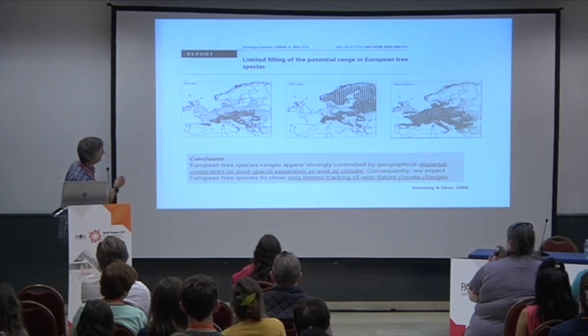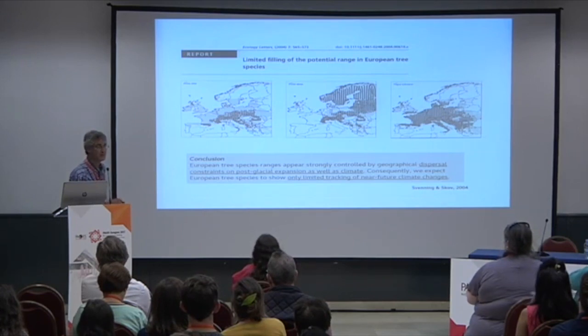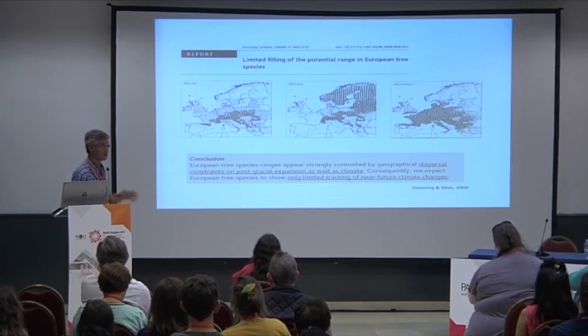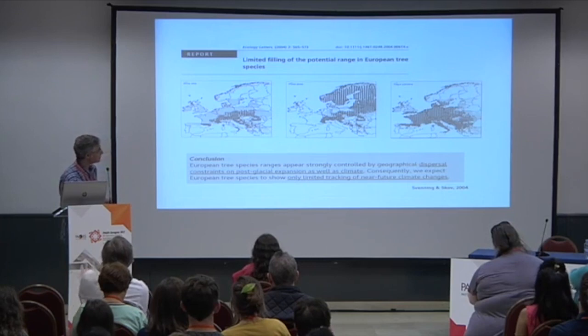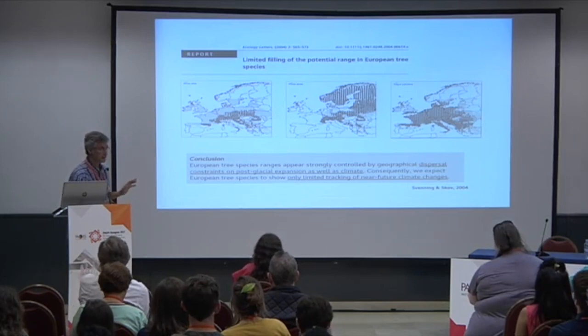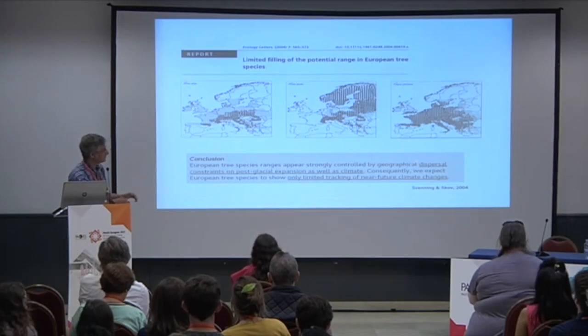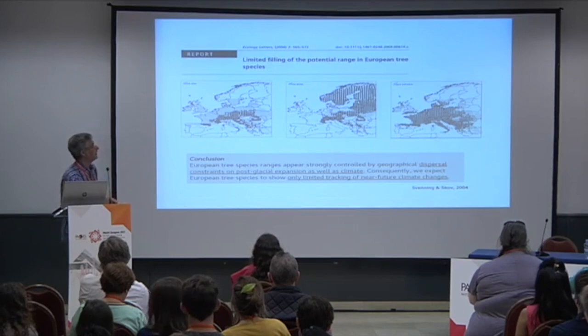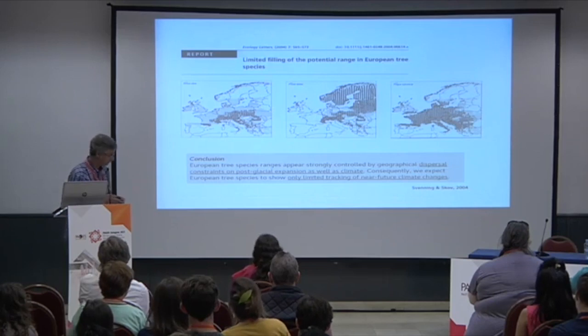And in the case of silver fir, today it occupies about 50% of its potential range. So this is one use of this niche concept, and it shows, of course, that the dispersal is a major variable that controls the realized niche by this species.